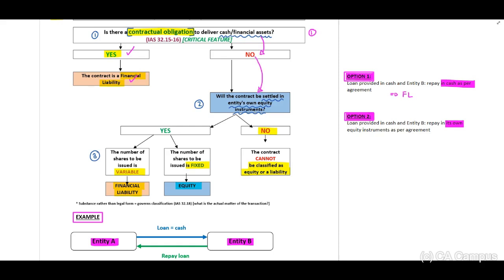Will the contract be settled in the entity's own equity instruments? This is where it will be extremely important that you read the information provided. If the answer is no, this contract cannot be classified as equity or liability. If the answer is yes, you need to ask question number 3.